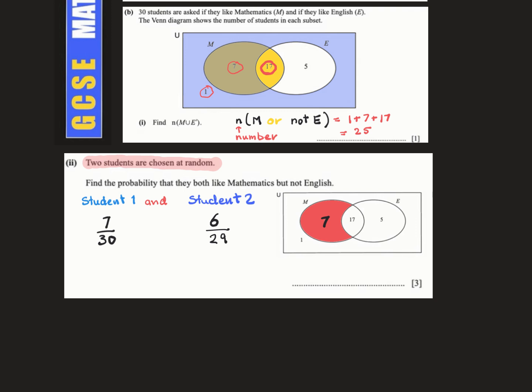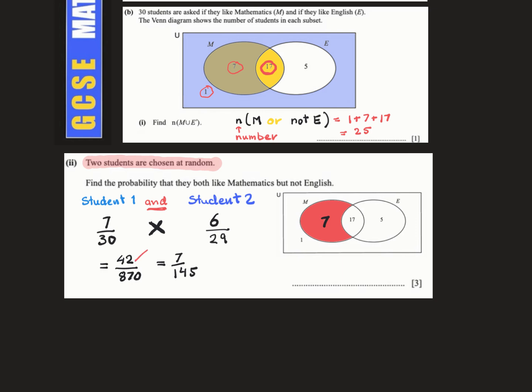The word "and" in here will tell us that we need to multiply these two together. And if you put that into the calculator, you'll find that the answer will be 42 over 870. Now you may want to divide it all by 6, which will give you 7 out of 145. And either of these answers will give you a mark.